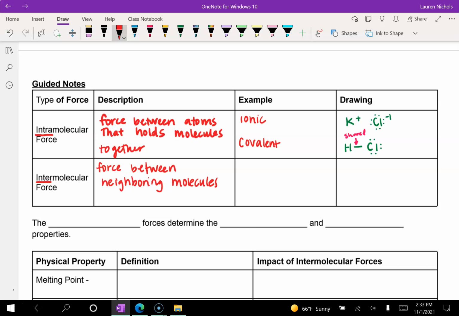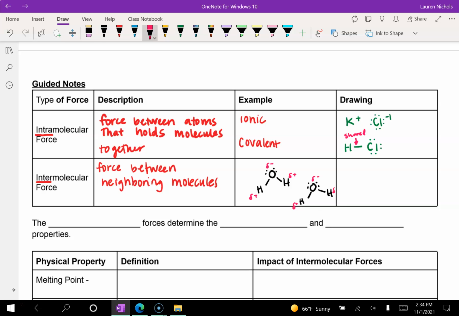For example, this is the Lewis structure for water. Water is polar covalent, so it has a partial negative charge on the oxygen and a partial positive charge on the hydrogens.